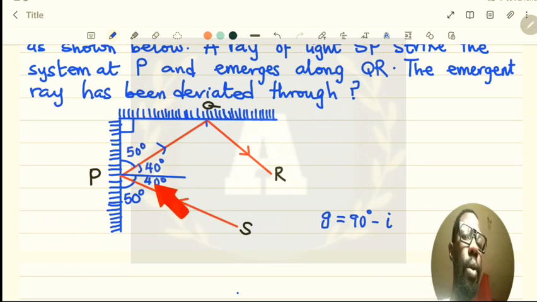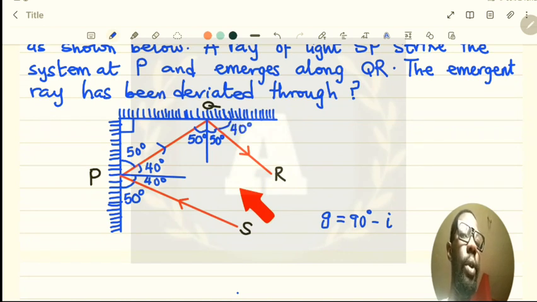Now for the second mirror, it has its own alternate angle. So this will be the incidence angle for this second mirror. Then the reflected angle is going to be 50 as well, according to the first law of reflection, while the glancing angle here will be 40 degrees.